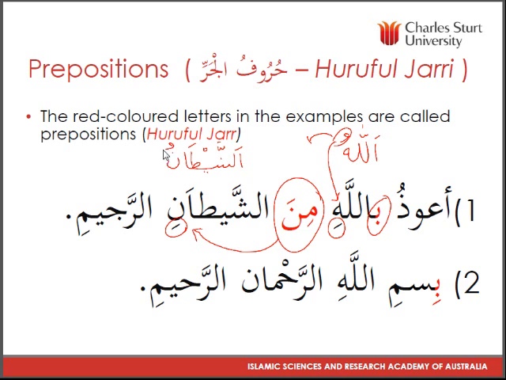That's why the ending of this one changed from damme to kesra, because the normal case is damme and it becomes majrur. Okay, so B means with or by, min means from.